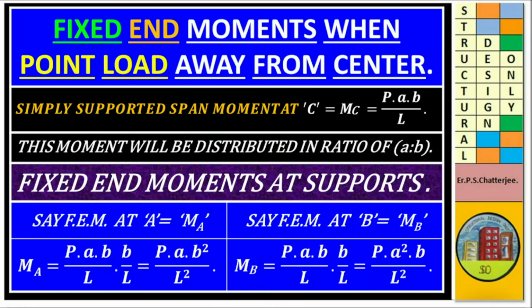Similarly, MB is equal to P into A into B by L, this is simply supported moment at C, that is MC, into A by L ratio, which is equal to P into A square into B by L square.